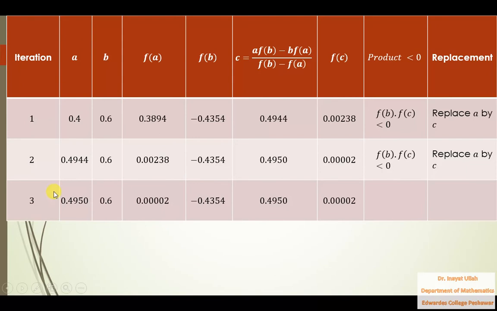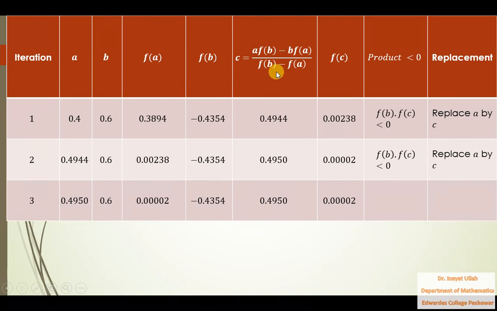This is the table, with the number of iterations: a, b, f of a, f of b, and then c. Because for c we need a, b, f of a, and f of b, we calculate f of a and f of b first and then c. That is the same story as repeated in the secant method.